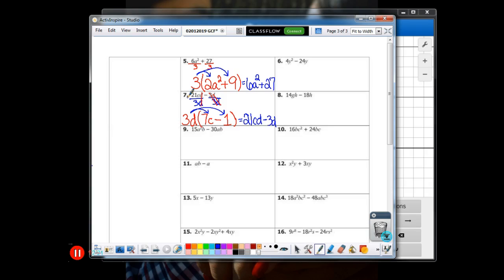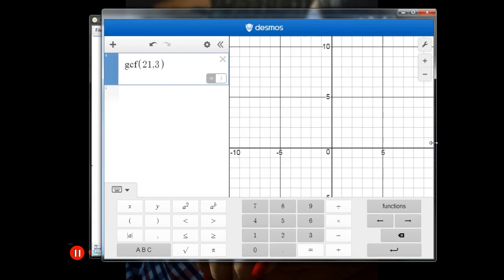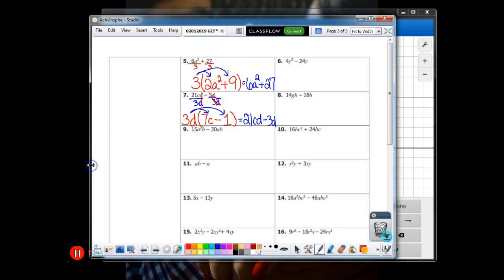so let's try number 9. So same thing, we're going to put our coefficients in Desmos. It's going to be 15 and 30. So my GCF is 15. So I'm for sure going to divide each term by 15 first. Now I've got to check my variables. So I have a squared and a.